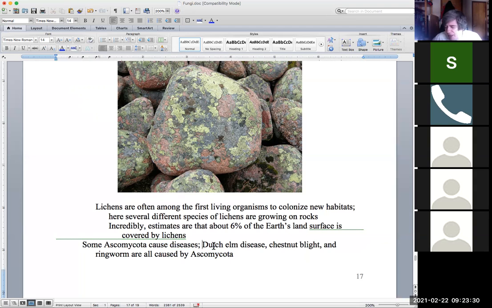And the ones that survive are ones that are naturally resistant. So then we try to use these trees and we try to grow more trees from them that will be resistant to these diseases. And if we look at people, the disease called ringworm is actually caused by an Ascomycota. Notice that ringworm is not caused by a worm. It's actually a fungal disease.